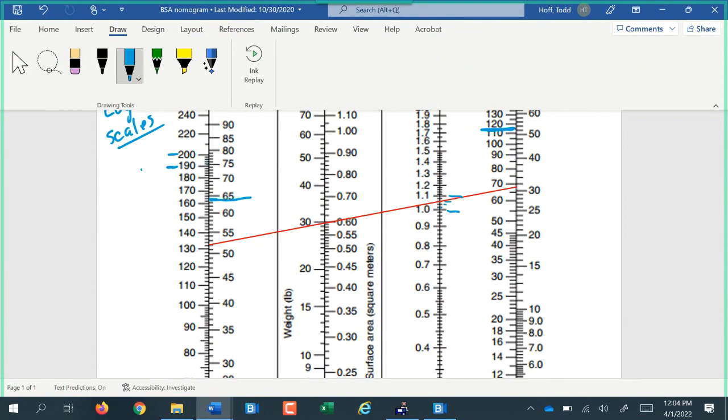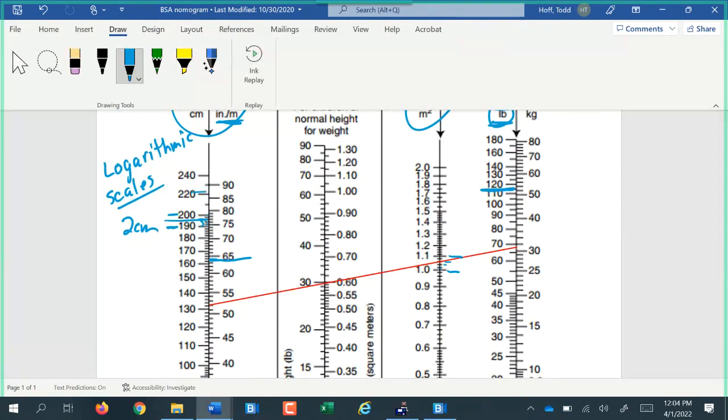There are only 5 spaces in between there, so each space there is 2 centimeters. If we continue going up, from here to here is 20 centimeters, from 220 to 240. There are only 2 spaces. So there, each space is 10 centimeters.